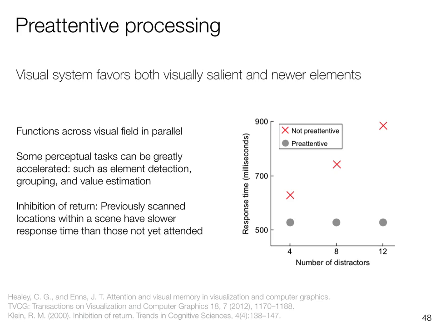Pre-attentive processing really favors visually salient, so distinct, as well as newly displayed elements. So there's a kind of preference towards saliency and novelty. This actually operates across the entire visual field in parallel, so that's why it's also so quick.